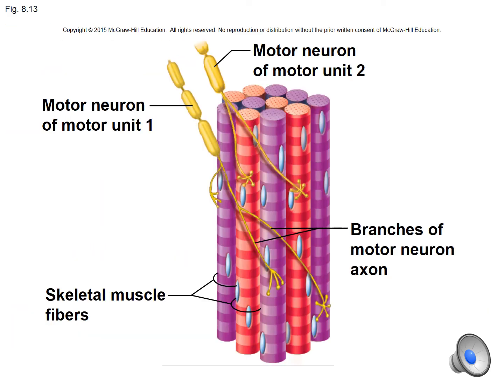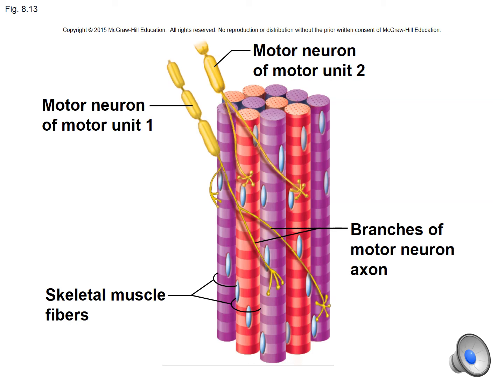So here is a picture of that motor unit. You can see that the picture is labeling motor neuron of motor unit 1 and motor neuron of motor unit 2. If you follow motor unit 1 down to the axon terminals, you can see that it's touching all of the purple muscle fibers, whereas motor unit 2 is touching all of the pink muscle fibers.